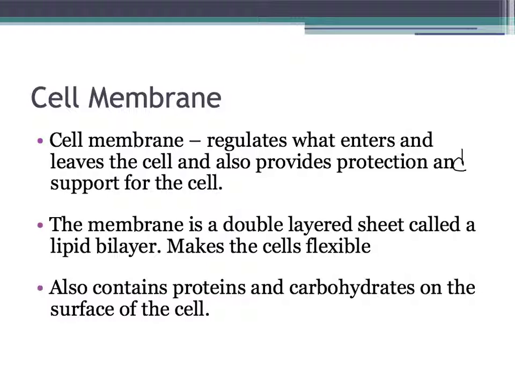On the next slide, I'm going to show you this lipid bilayer, but the purpose of that helps them be flexible. It also contains proteins and carbohydrates on the surface of the cell, and some of these are going to play a role in how the cell membrane will regulate what is coming in and out of the cell.